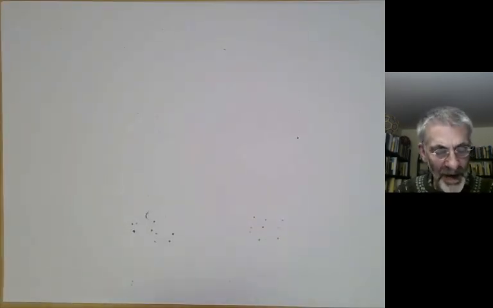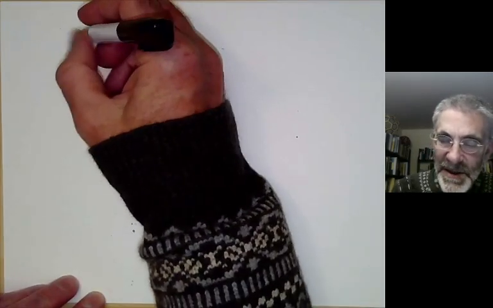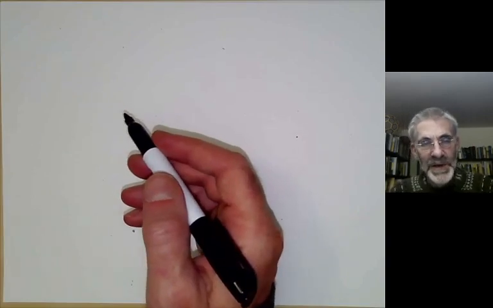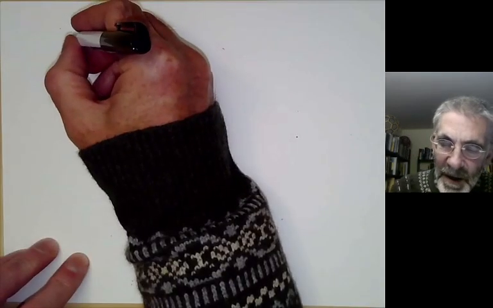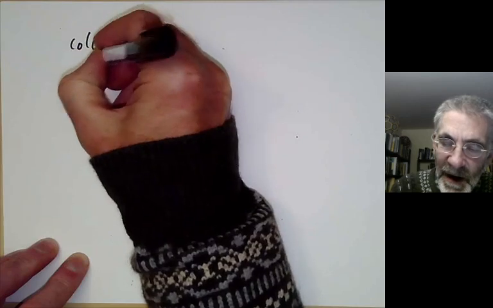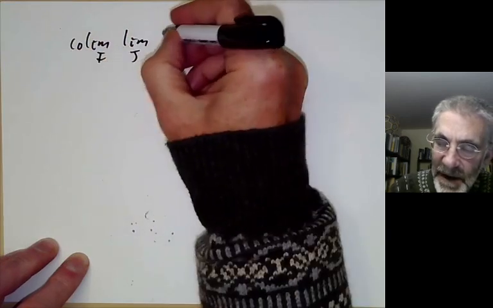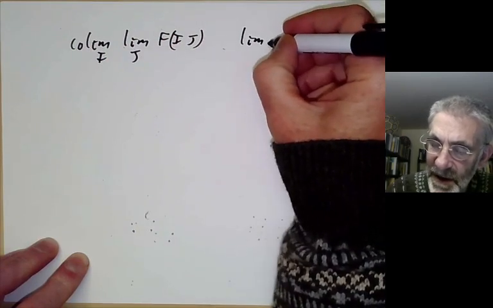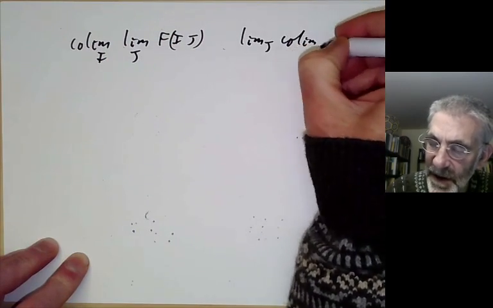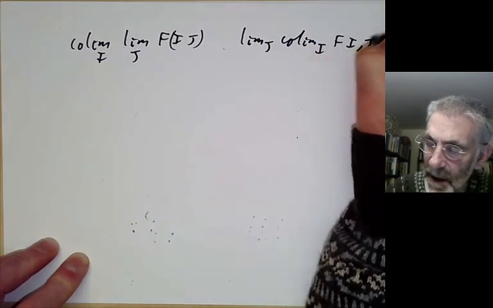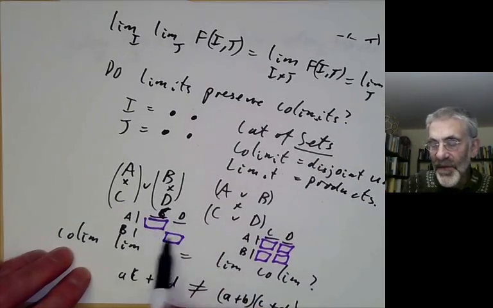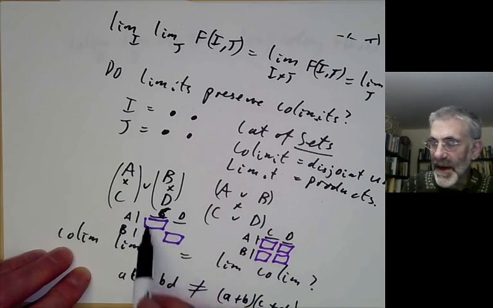Actually, there is, however, one relation between colimits and limits. This page is probably going to be incomprehensible, so you can just skip it if you like. The point is, if you take a colimit over I of a limit over j of Fij and compare it with the limit over j of the colimit over I of Fij, although we've just seen these sets are not necessarily equal, you do notice that there is a natural map from this collection to this collection.